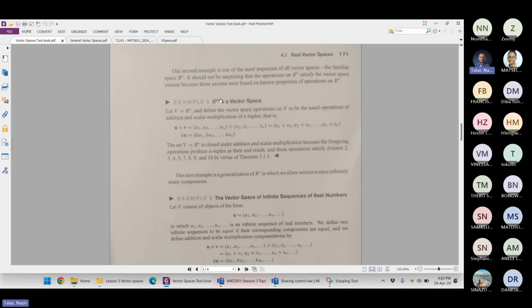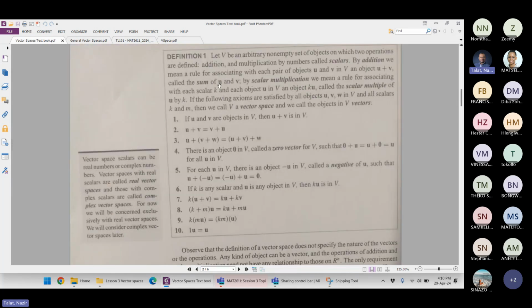Whatever n you take, it is still a vector space under this law: if you add two vectors, then it becomes u1 plus v1, u2 plus v2, and so on, which again gives you an n-dimensional vector. And k times u is equal to (ku1, ku2, up to kun). So one can easily check that all axioms from 1 to 10 of a vector space are satisfied by this vector space V.